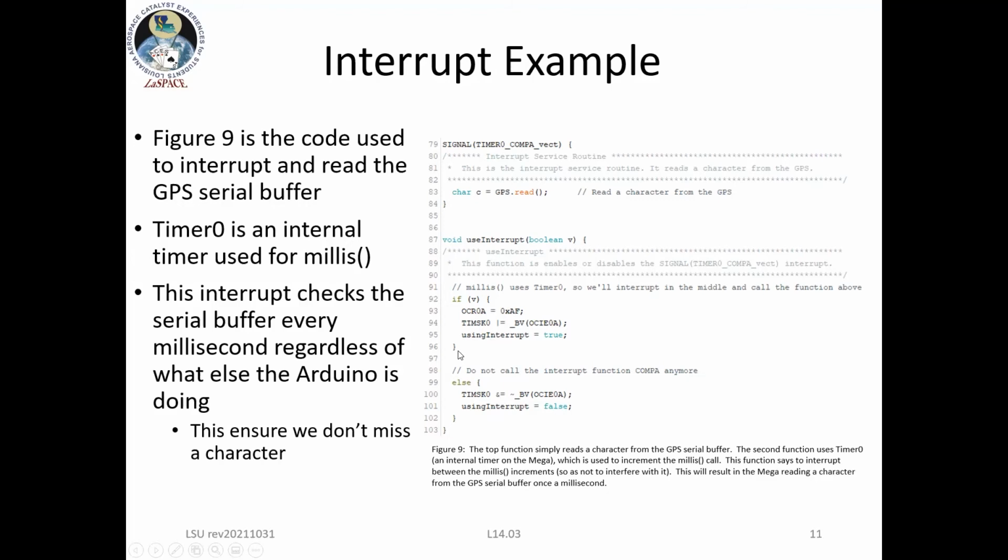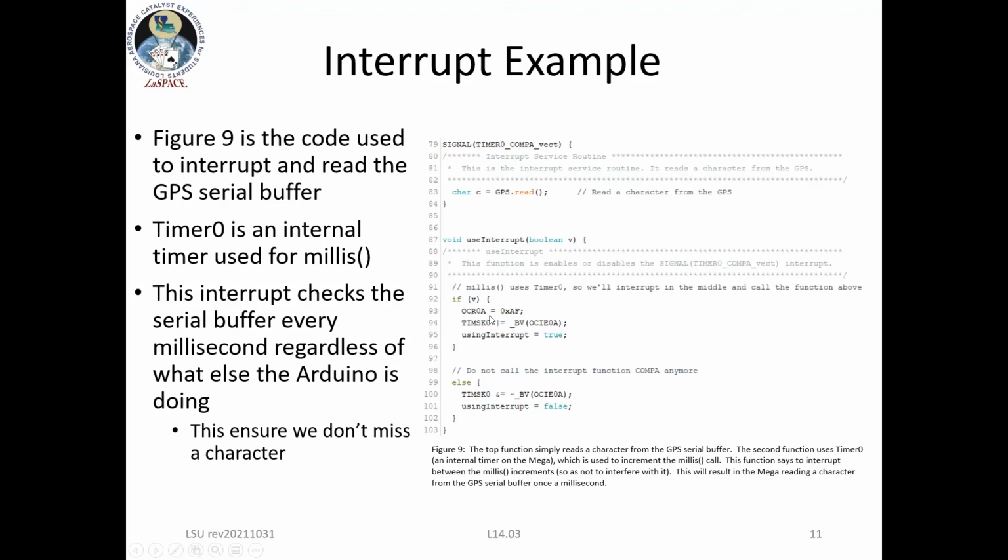The easy thing to understand here is setting this using interrupt variable to true or false. This is a global variable that we're going to have in our program that lets us check whether the interrupt is on or off. That actually has nothing to do with turning the interrupt on and off. By checking the value of that variable, I can see which state I'm in.